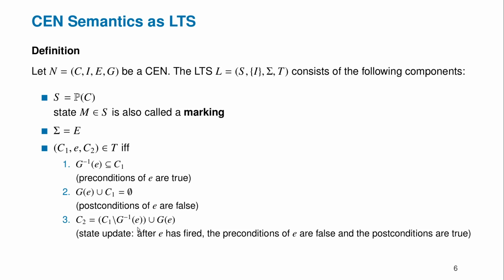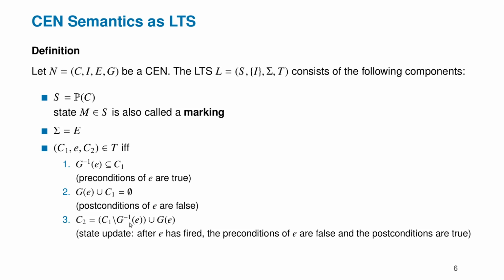And then finally, we have to define how we update the conditions when event E fires. This is also not so complicated, even though it's a bit complicated written down. We take the marking C1 and remove all conditions that are in the set of preconditions.